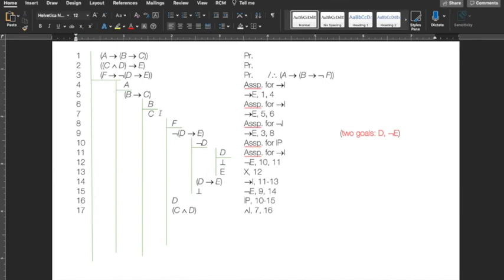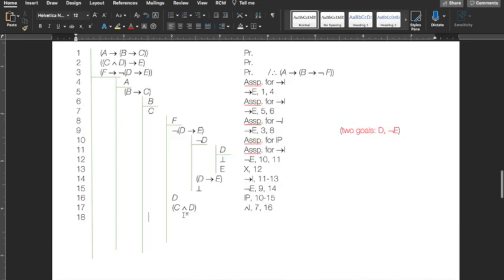So remember, I can access sentences outside this subproof if they come before it, but once this subproof is closed, I can't access anything in it. But this is a totally legitimate use of this rule. And C and D allows me from my first assumption to infer E. So that's conditional elimination, lines 2 and 17.